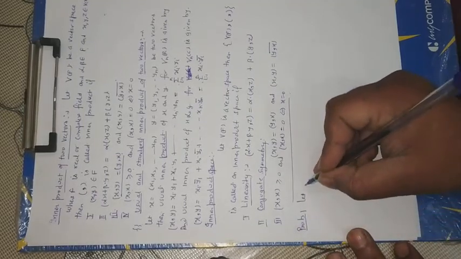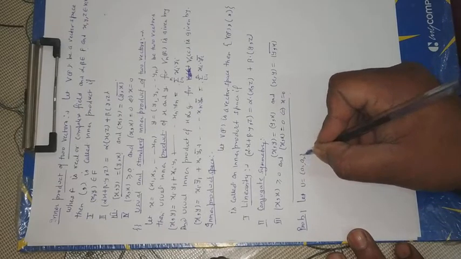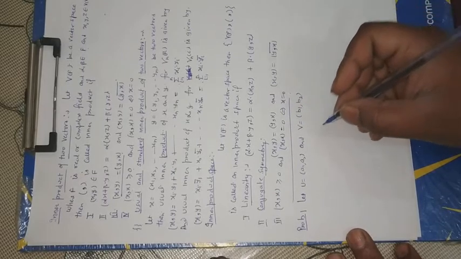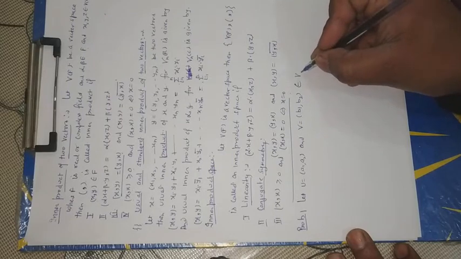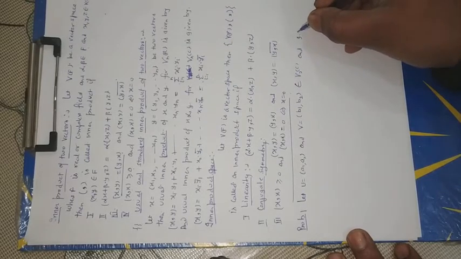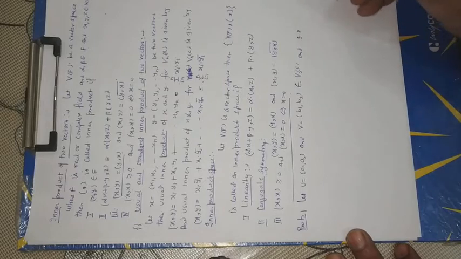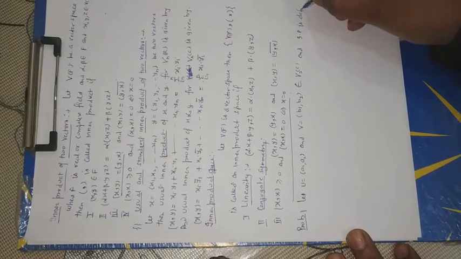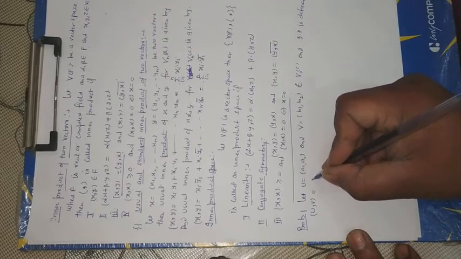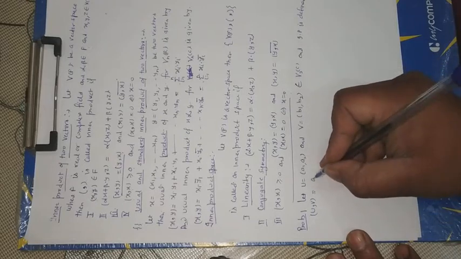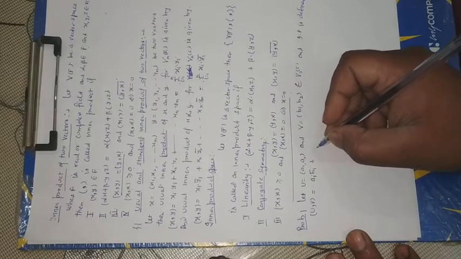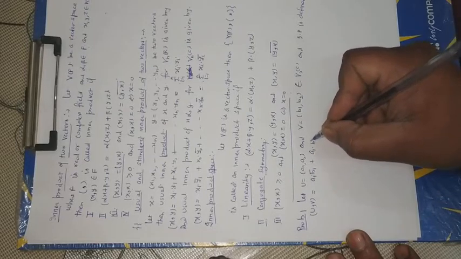Let u equal (a1, a2) and v equal (b1, b2) belong to V2(C), and the inner product is defined as u inner product v is equal to a1 into b1 bar plus a2 into b2 bar.